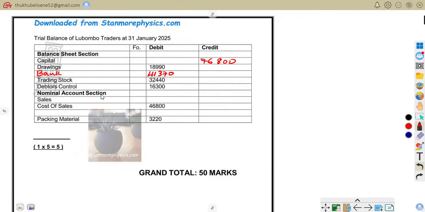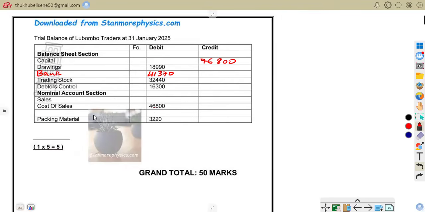So now we come to the nominal section, where it is going to start with what? Sales. Then you know our sales is a question mark, but cost of sales is fine. It's how much? 46,800.